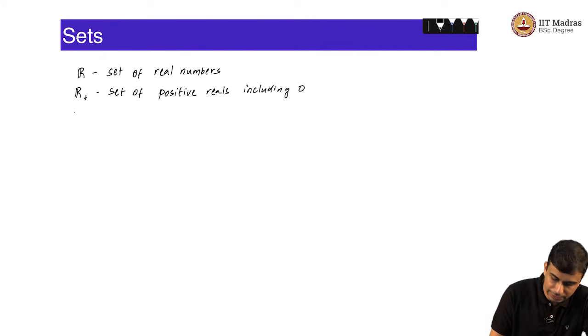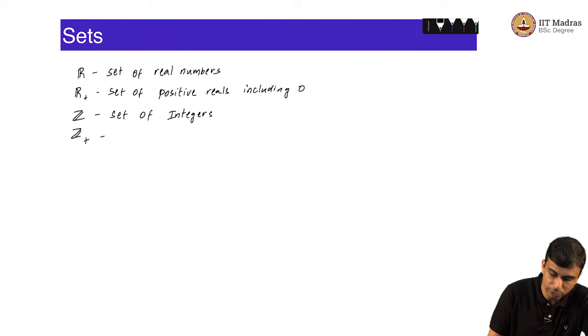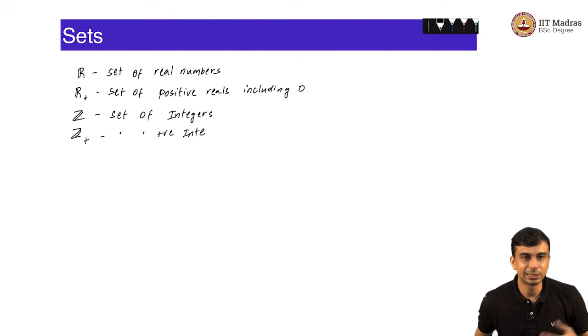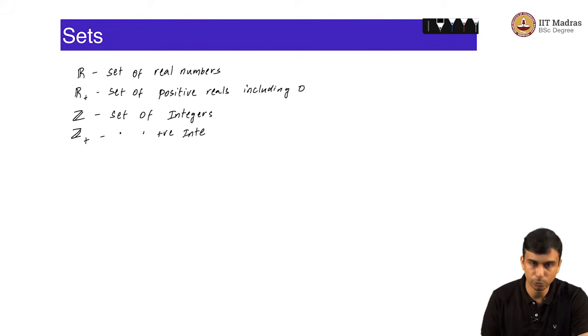Then we have Z, which is simply the set of integers. And Z plus is a set of positive integers including 0. So these are the 4 domain sets that we will very often be using throughout the course.